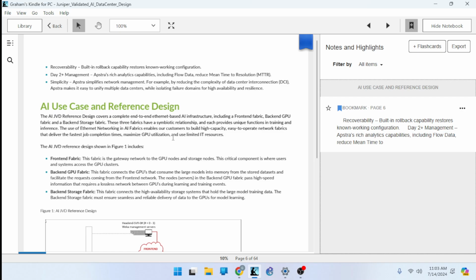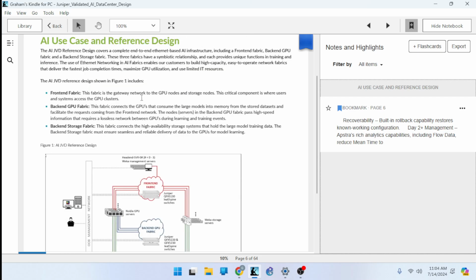Apstra's rich analytics capabilities, including flow data, reduce mean time to resolution, MTTR. Simplicity. Apstra simplifies network management, for example, by reducing the complexity of data center interconnection, DCI. Apstra makes it easy to unify multiple data centers while isolating failure domains for high availability and resilience.